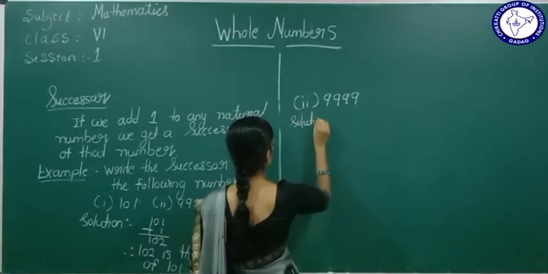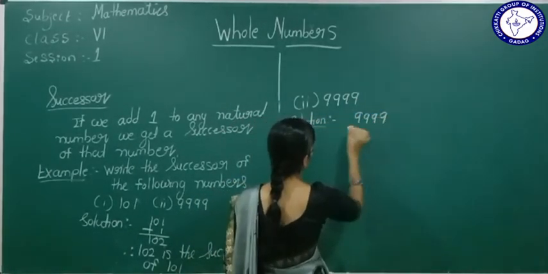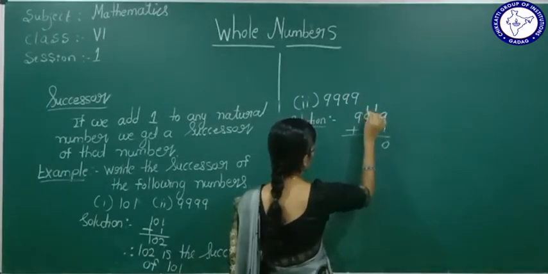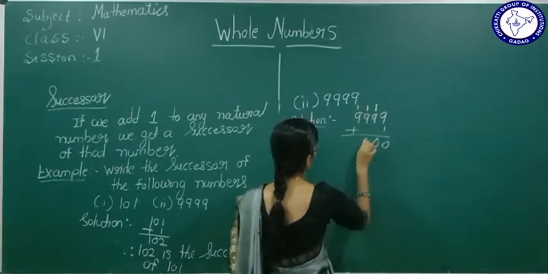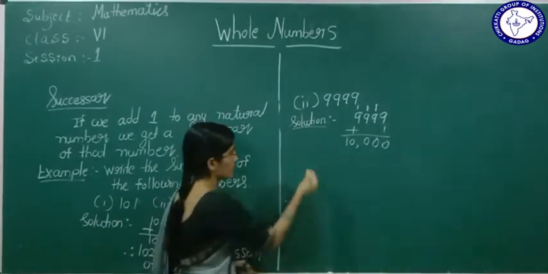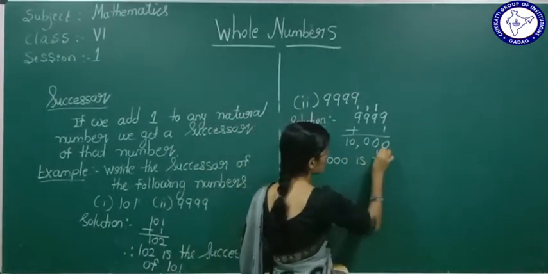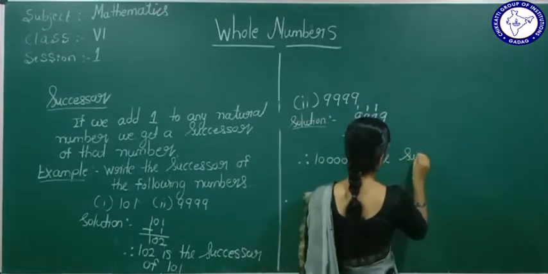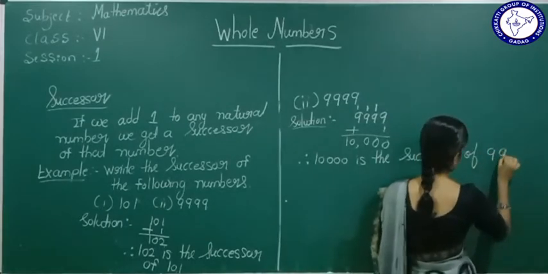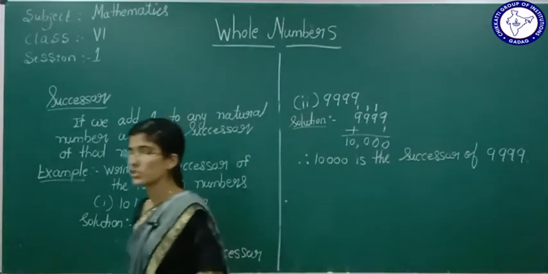Solution. 9,999 plus 1 is what? 9 plus 1 is 10, 9 plus 1 is 10, and so on. It is 10,000. Therefore, 10,000 is the successor of 9,999.